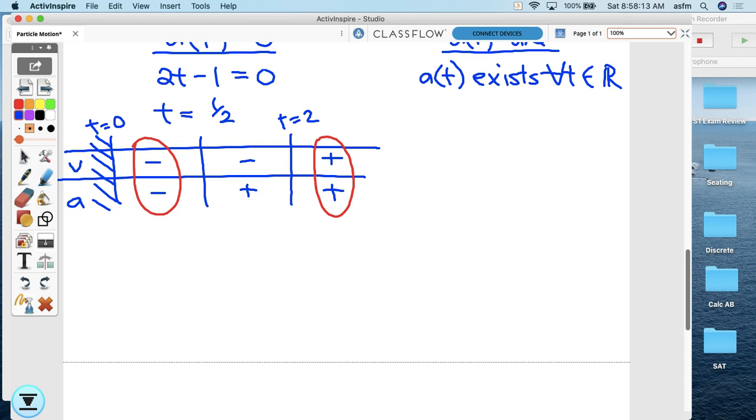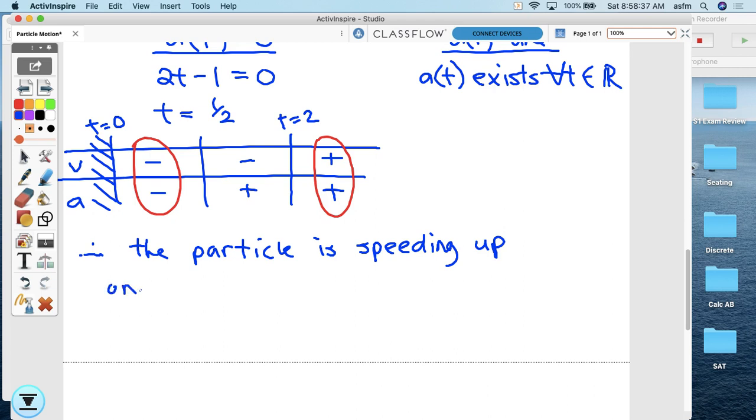So here I'm going to say, therefore, the particle is speeding up. And we have 2 intervals, but we have to justify them a little bit differently. So we start by saying, is speeding up on the interval 0 to 1/2.